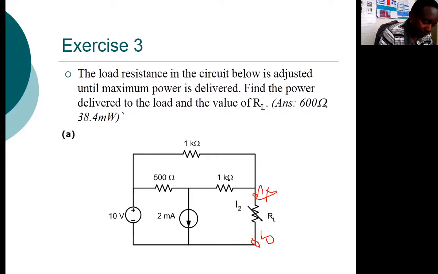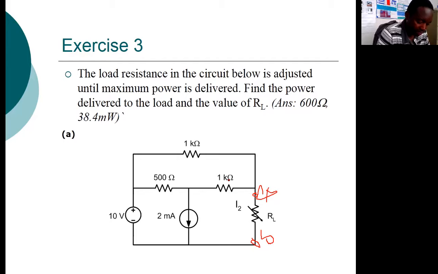Then we have our values as usual. We have our Thevenin, right? So in that case, let's say Thevenin V, because it's according to the voltage source, will be equal to 10 volts, because that's an open circuit which comes out.